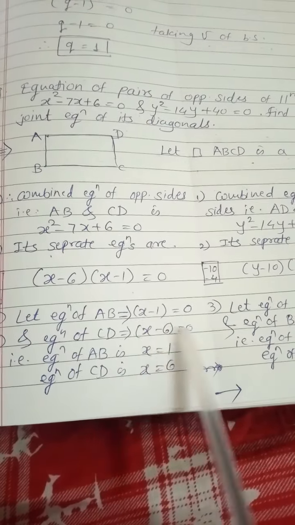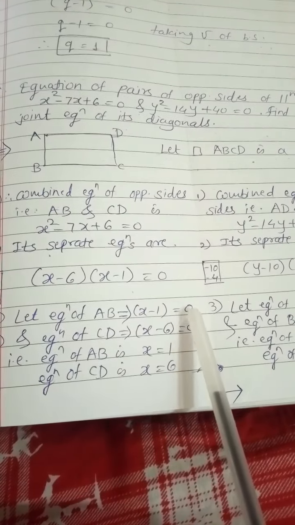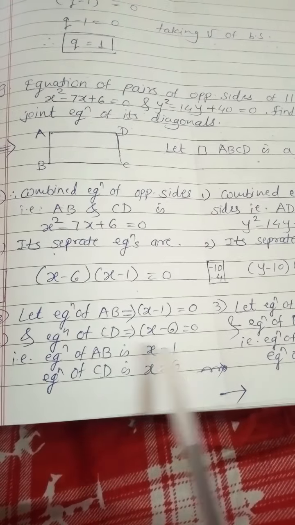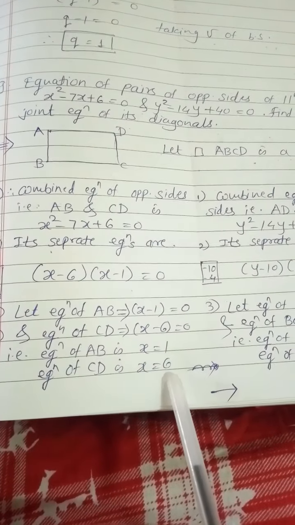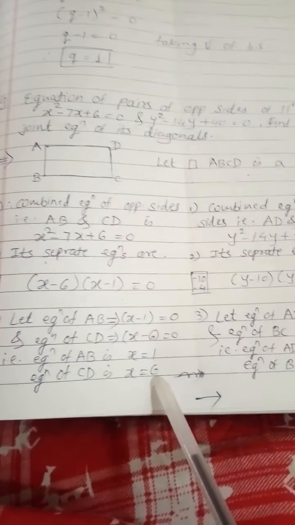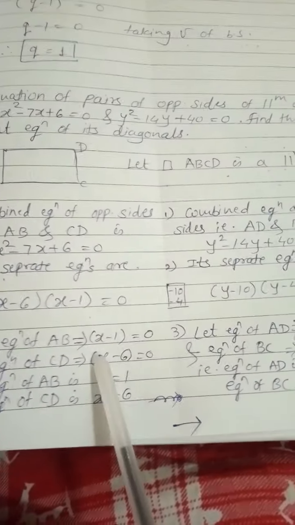So x minus 1 is equal to 0 means x is equal to 1, that is, the equation of AB is x equal to 1 and the equation of CD is x equal to 6. Similarly we have to solve the combined equation for the opposite sides AD and BC. So both are the same. Now compare these two.